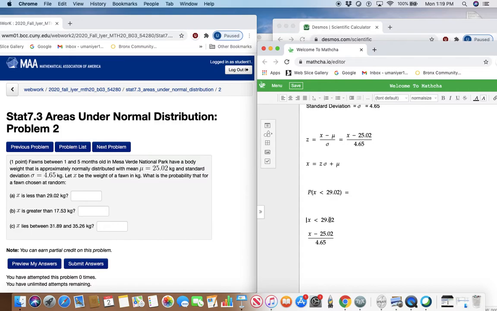I will write that expression again: this has x, and this has 29.02, which I'm going to standardize. This expression is equal to z, so I have a z here, and I want z to be less than whatever this turns out to be.